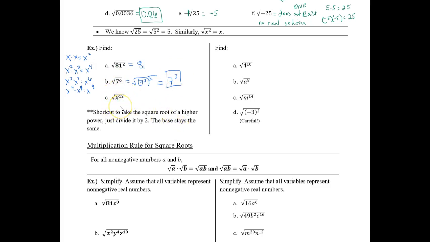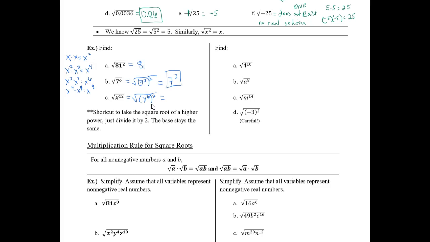Same thing with this square root of x to the 12th. X to the 12th, I want to undo it. I cut it in half. So what is being squared? X to the 6th is being squared. Right? 6 times 2 would give us that 12. And now it's x to the 6th times x to the 6th gives us x to the 12th.